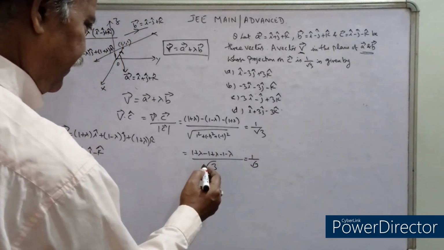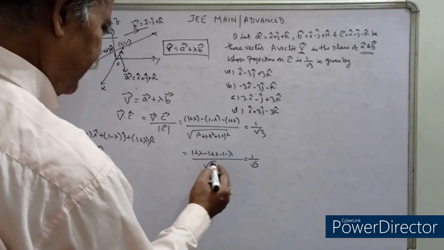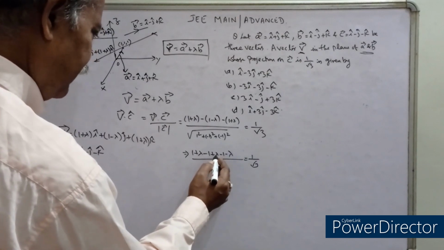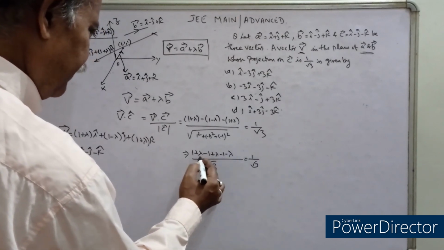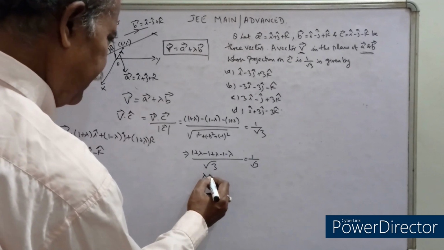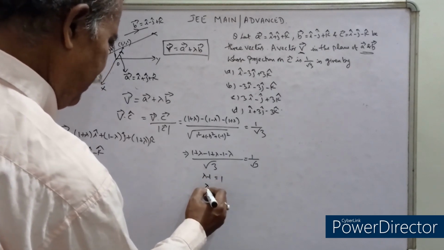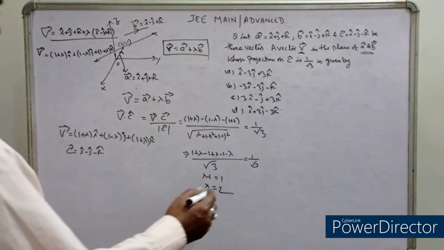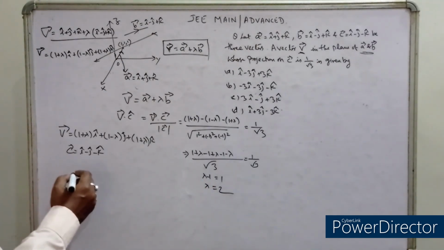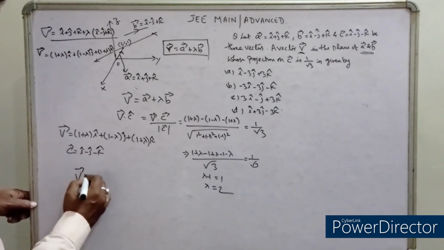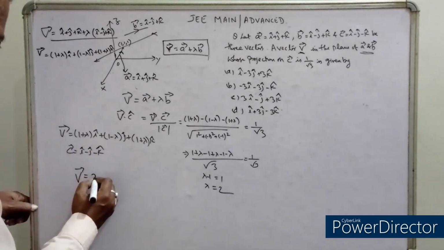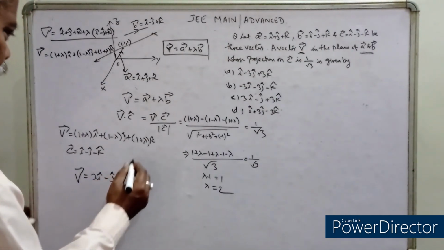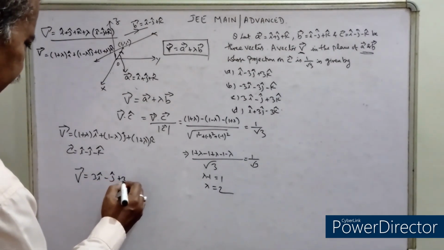Here the 1s cancel out, and the terms cancel, so lambda minus 1 is equal to 1, so your lambda is equal to 2. So your V vector will be equal to 3 i cap, minus j cap, and 3 k cap.